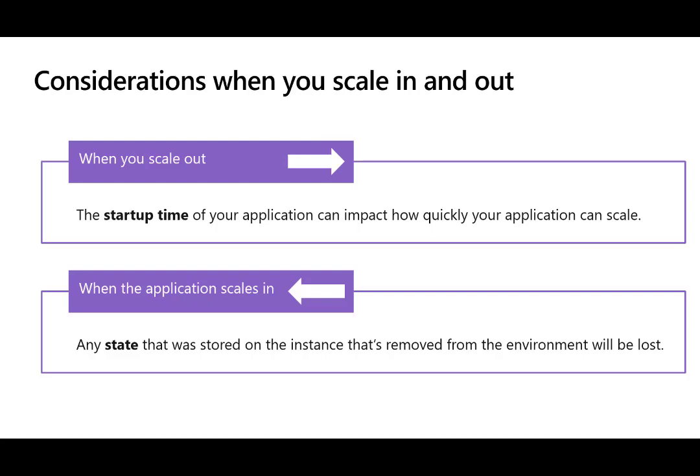For example, if your web app takes 2 minutes to start up and become available for users, that means each of your instances will take 2 minutes until they're available to your users. You need to consider this startup time when you determine how fast you want to scale. Another point is that you also need to think about how your application can handle state. This applies in a scenario when the application scales in.